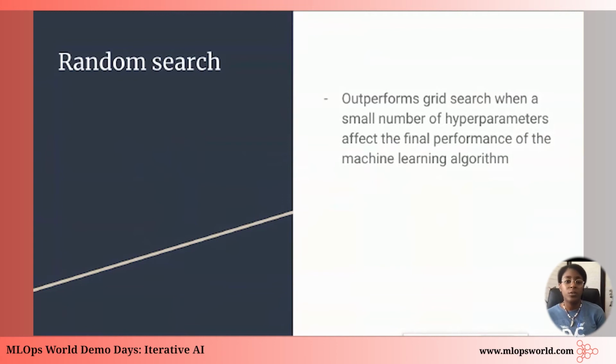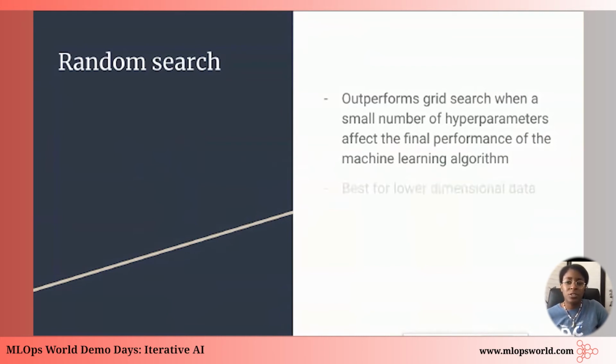That will give you a really fast way to narrow down the values that make the most impact, because you won't be doing a huge extensive search over all of the values for all of the hyperparameters. You can pin things down pretty quickly.